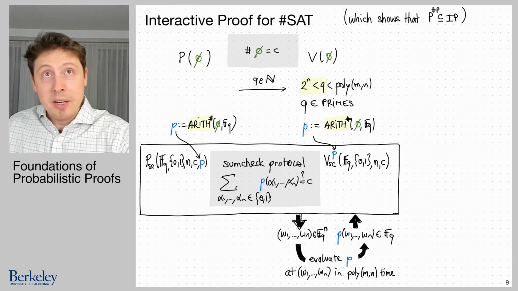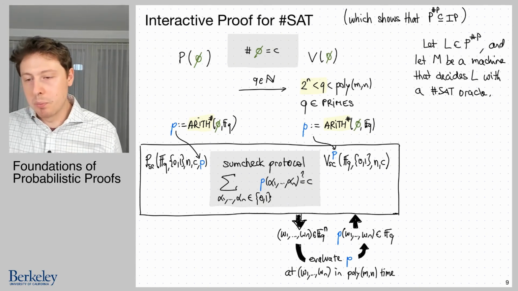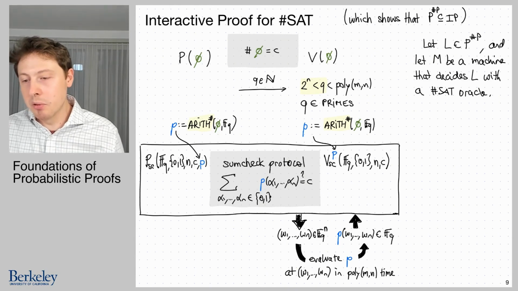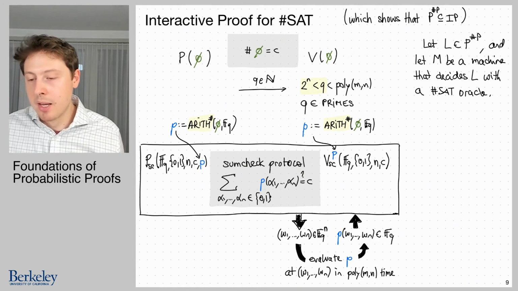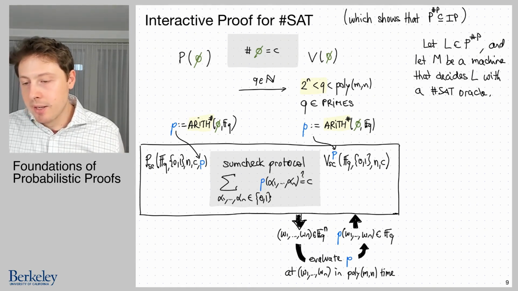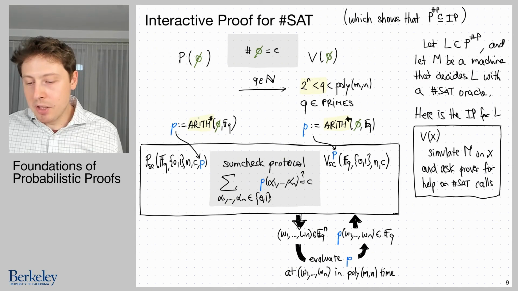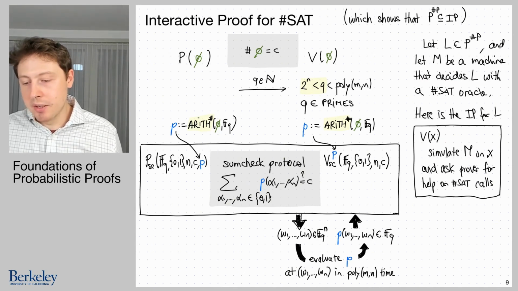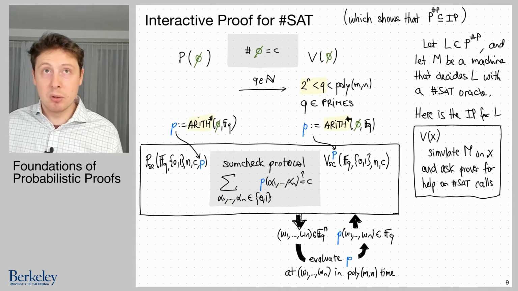So this is an interactive proof for sharpsat, and to finish the proof that P to the sharp P has an interactive proof, you need to go back to the P to the sharp P problem, which is a machine that decides by making sharpsat oracle calls. So basically, your verifier for P to the sharp P is running this machine in its head, and every now and again the machine will say, oh, I have a sharpsat oracle call to make.